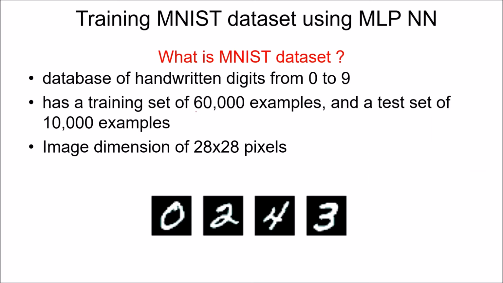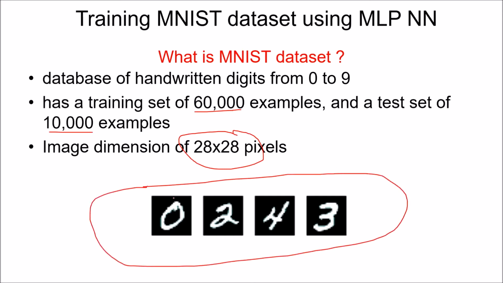So it's quite good. For the configuration, the input image dimension is 28 times 28 pixels. This is some examples of the MNIST dataset for 0, 2, 4, 3. So it's from 0 to 9.